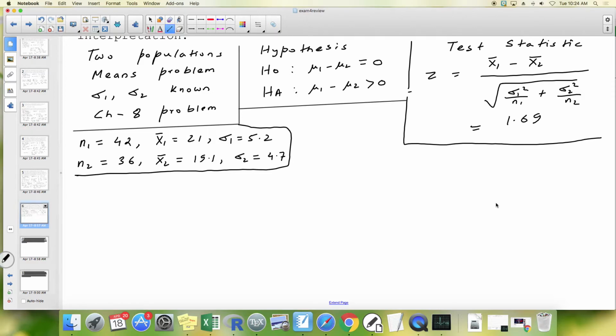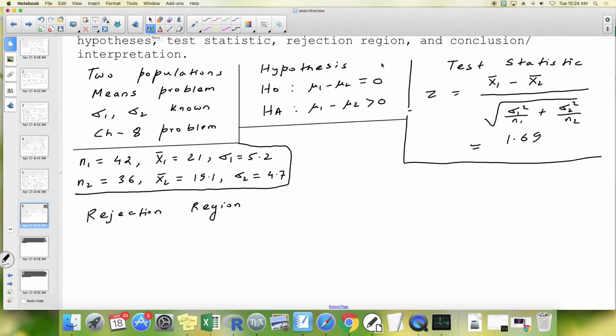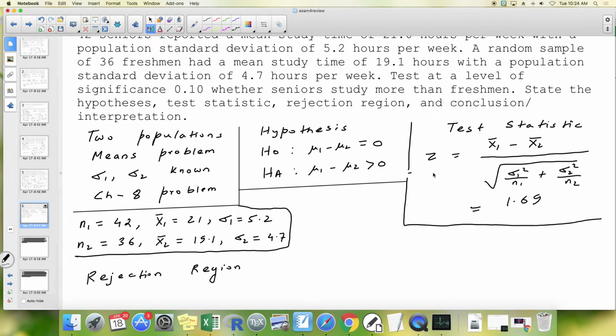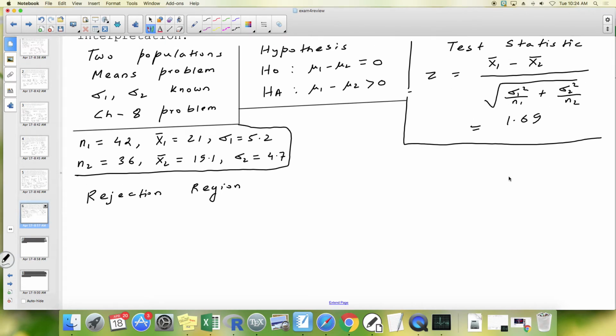Next, rejection region. So is it a t-test or a z-test? It's a z-test. So at the very beginning, let me draw a z-curve. And is it a right tail test or a left tail or both tail?